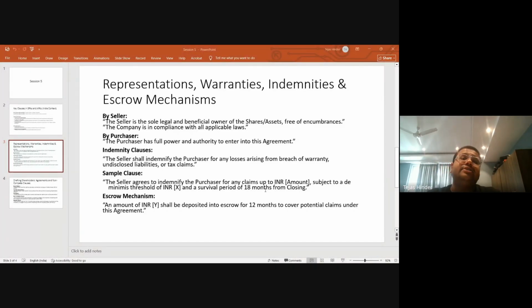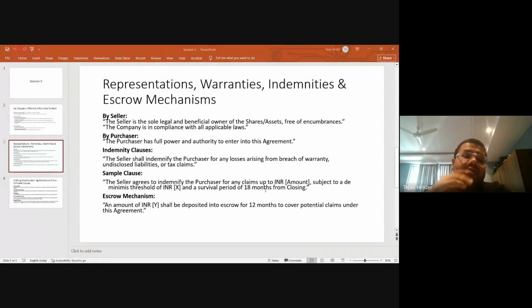Representations provide a factual basis for the buyer to evaluate the target. Warranties allocate contractual liability in case the facts are untrue, and indemnities provide a post-closing remedy if representations or warranties are breached. Escrow mechanism is basically an enforceability tool to secure claims without litigation.